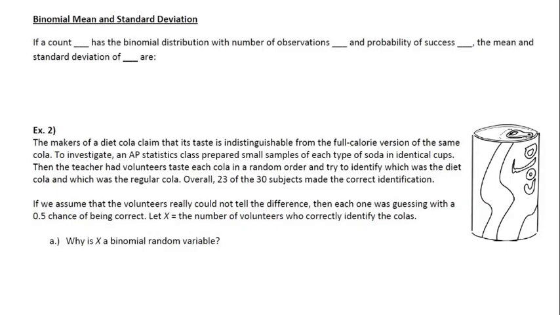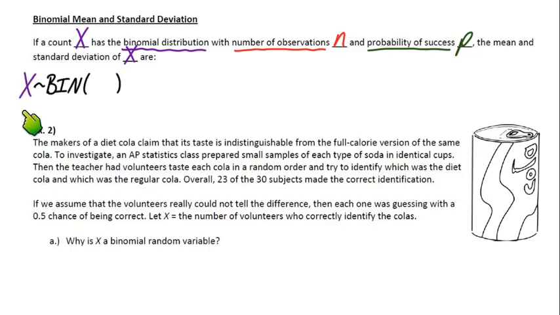Okay, so the last page here talks about the mean and standard deviation for a binomial random variable. We can say if a count x has the binomial distribution, the number of observations is little n, and the probability of success is little p, what are the mean and standard deviation of x? Well, let's start with, we know x is following a binomial distribution with n and p as its parameters.